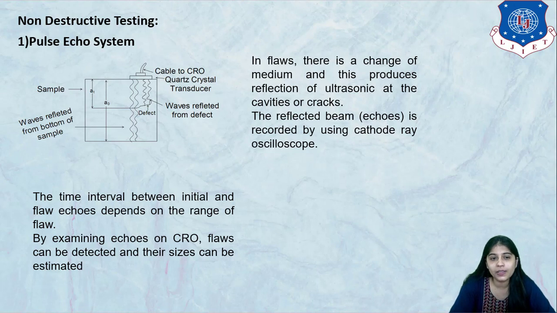There is a cable connected to a CRO. CRO is a cathode ray oscilloscope, which is used as a screen as well as a timer, so that we can calculate the minute time between the reflected and incident sound wave.